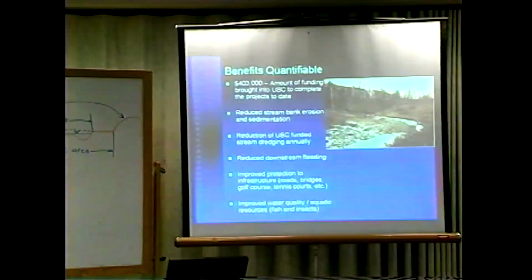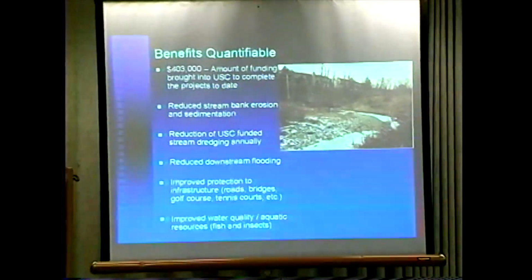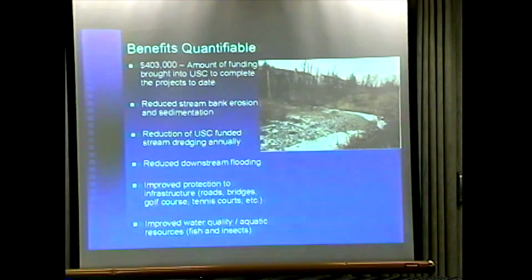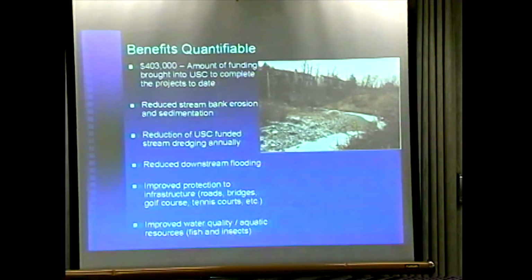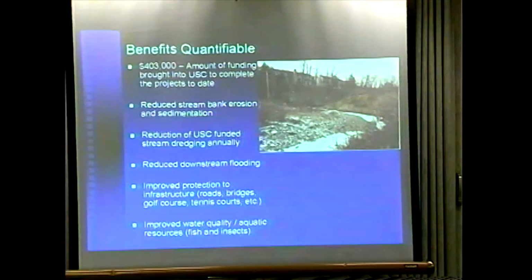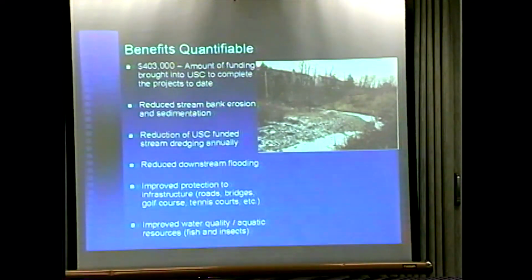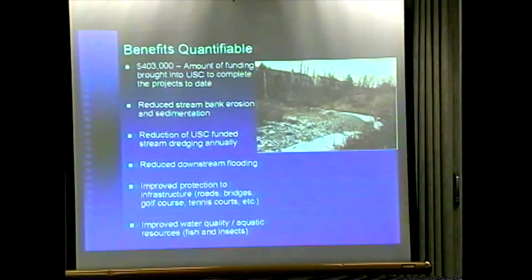Benefits, quantifiable. To date, CLS and the township have been able to bring in $403,000 to move the project through all its different phases. We've reduced stream bank erosion and sedimentation.